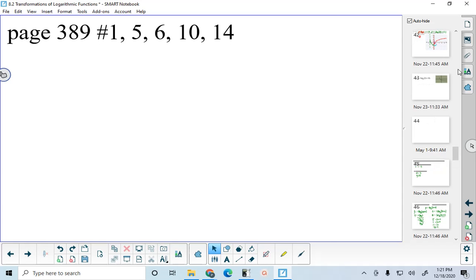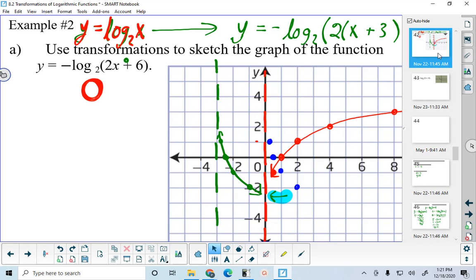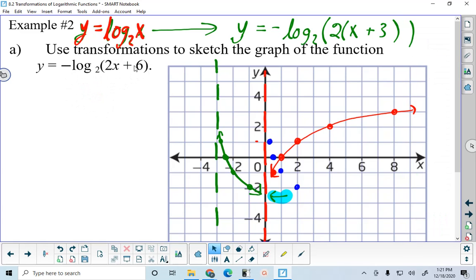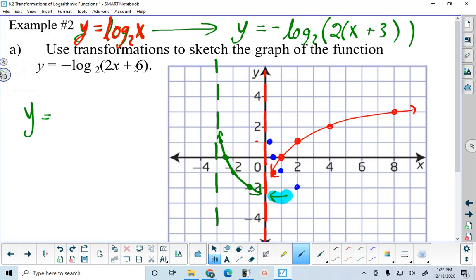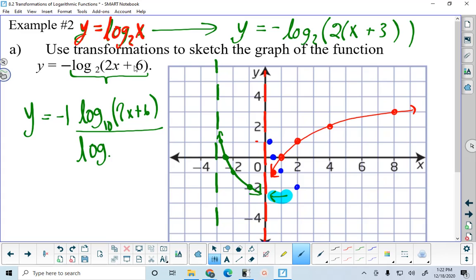If you go back and look at this graph right here, could you use your graphing calculator to graph this? Absolutely. Because log base 2 of 2x plus 6 is log base 10 of 2x plus 6 over log base 10 of 2.